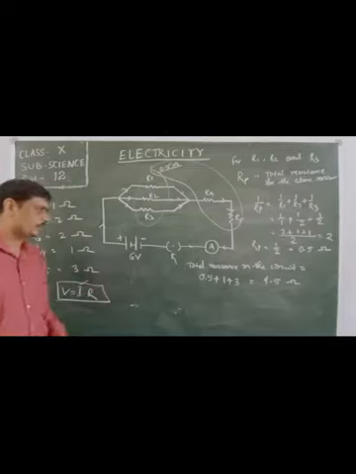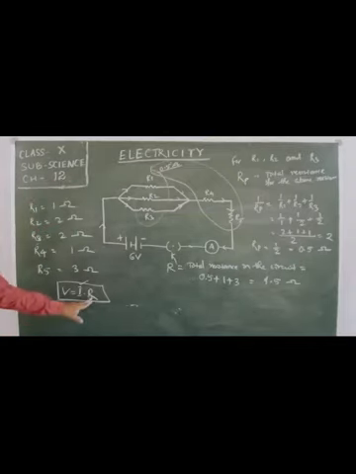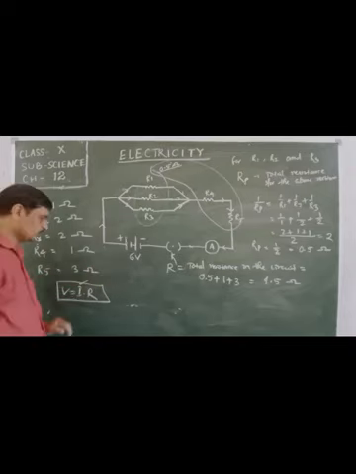Now we have the value of R as 4.5, and the potential difference is given as 6 volt.